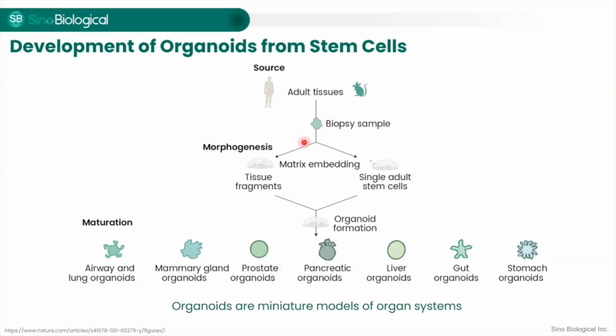Using different growth factors and cytokines, these stem cells are directed to differentiate into different kinds of miniature organs like lung organoids, prostate organoids, mammary gland organoids, liver organoids, stomach organoids, and others.